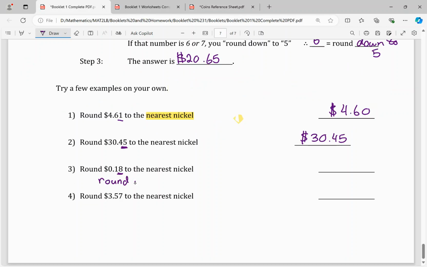When I round up to 10, that 8 is going to turn into a 0, and the 1 is going to be added on to the number before. So if I round the 8 to a 10, this actually becomes 20 cents. I'm rounding 18 up to 20.